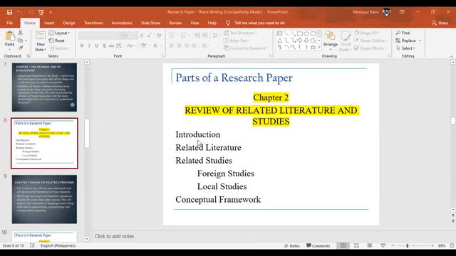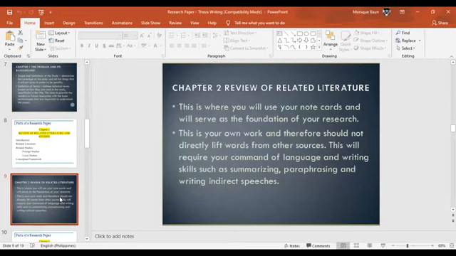Then the last one is the conceptual framework. It is like an illustration of your research. It explains the process of your research. Now let me discuss it for you. For chapter 2, these are the collection of related literature and studies.